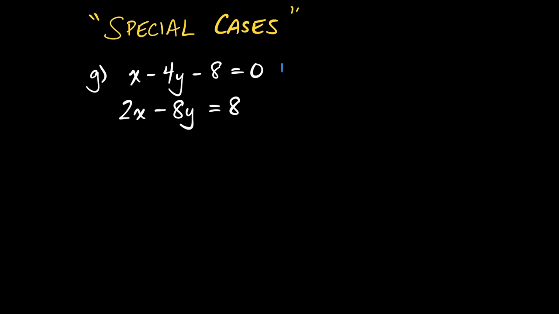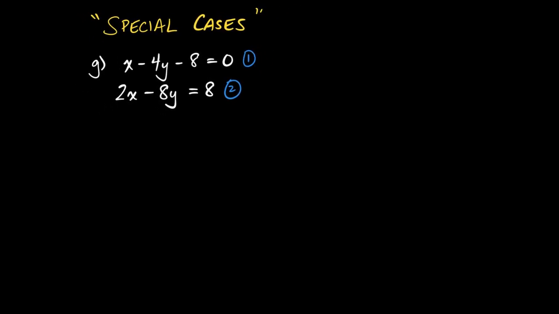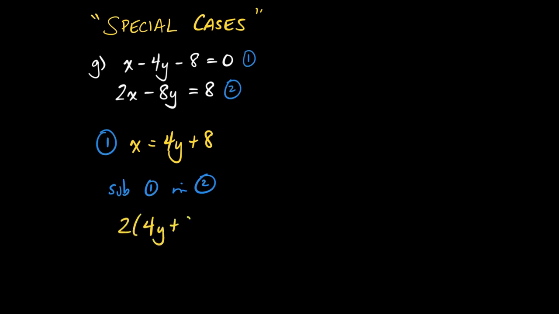So, as I said, I assume we're really good to be able to solve a system. You see we've got equation 1 and equation 2. I'm going to take equation 1 and rearrange it because I see I've got a coefficient of 1 on my x. That's going to get me x = 4y + 8. I can now sub equation 1 into equation 2. I can replace my x with what it's equal to.